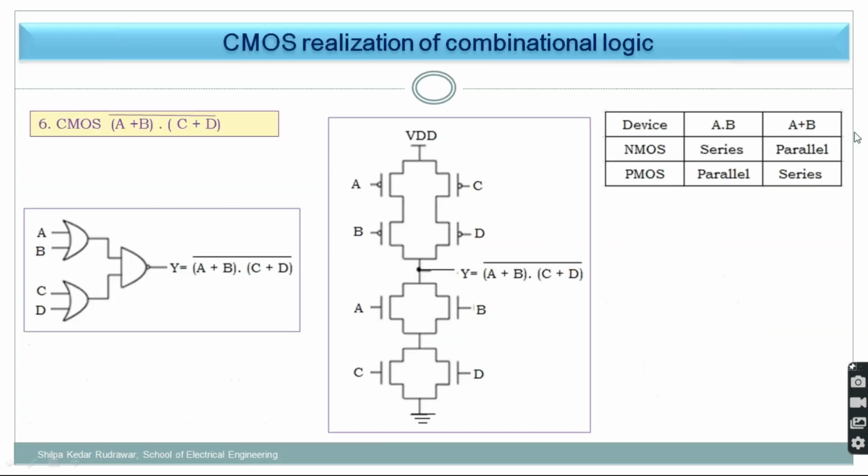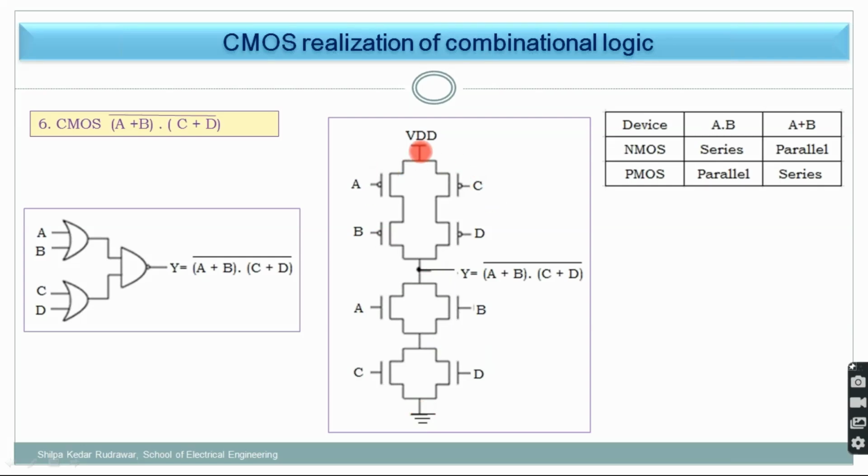Now again I am just explaining this. As I told you, for A plus B, my practice is to draw NMOS devices first. NMOS devices are always connected in the pull-down network. So this is my pull-down circuitry, connected to ground, and this is the pull-up which has PMOS connected to VDD.